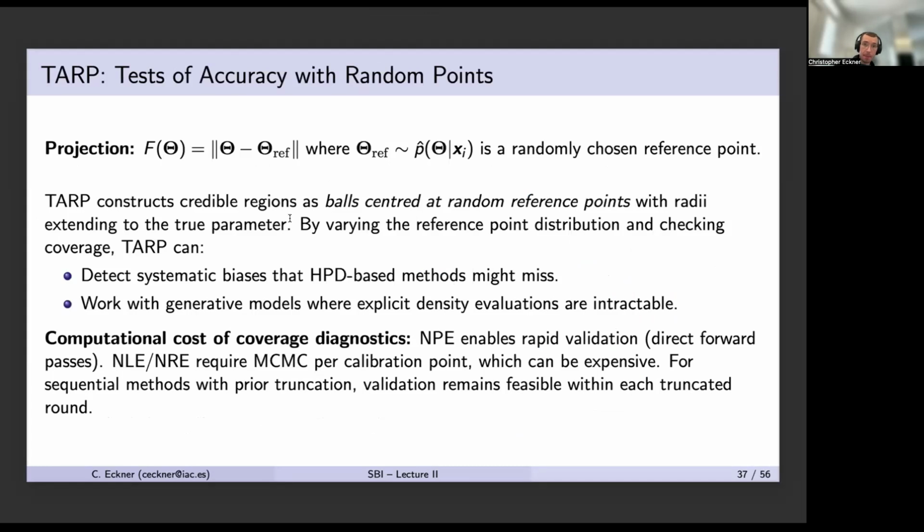However, as I said, depending on what you're doing, this can be numerically kind of expensive. Especially the empirical coverage test can be expensive because you require a lot of simulations in order to test the wider region of your posterior, in order to test 2 sigma, 3 sigma, even 4 sigma ranges properly.